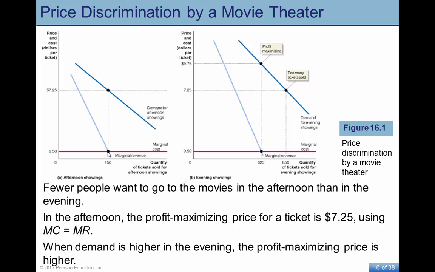When demand is higher in the evening, look at my cursor in panel B. The price for a movie is $9.75, and follow my cursor. When the evening price is $9.75, again marginal revenue equals marginal cost. So this is the profit-maximizing price.